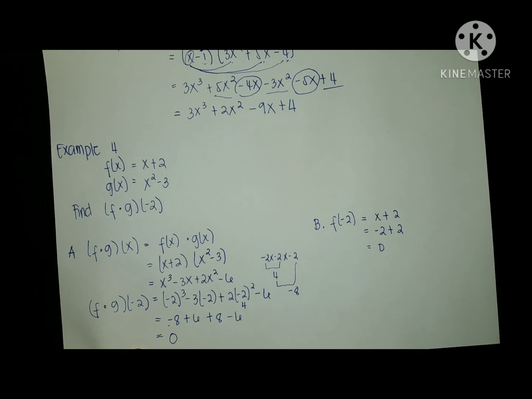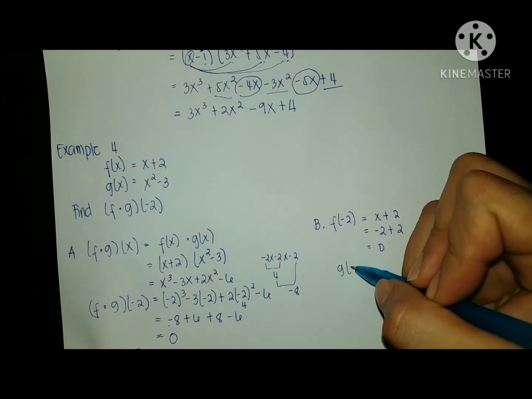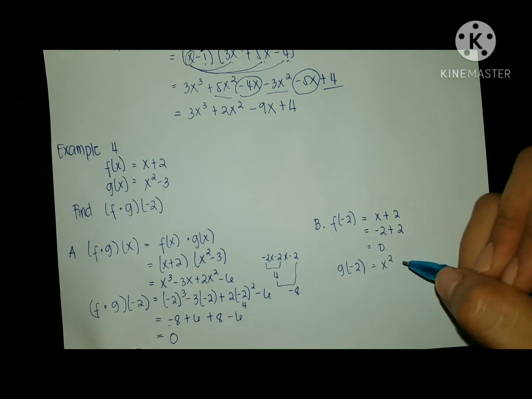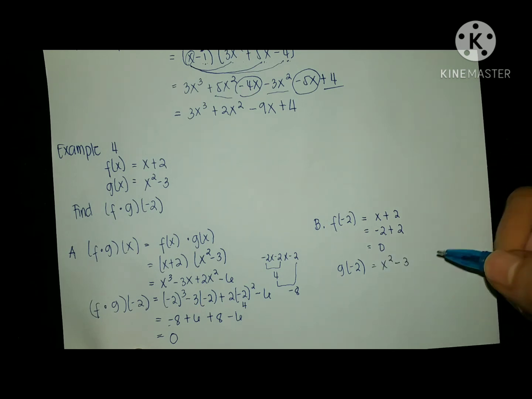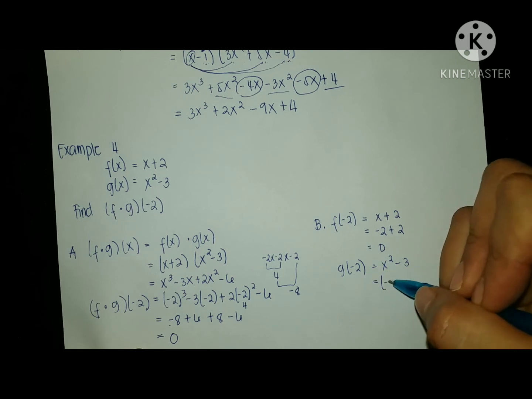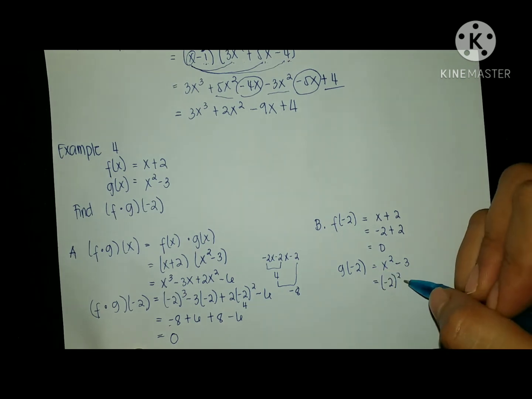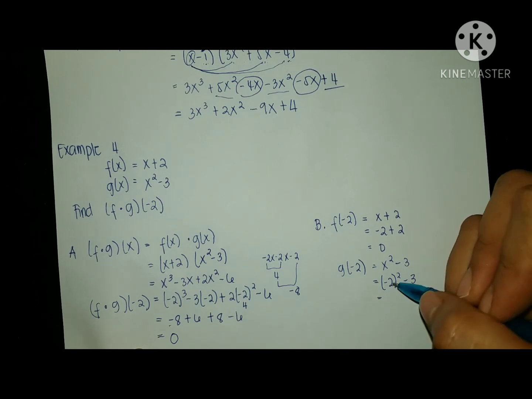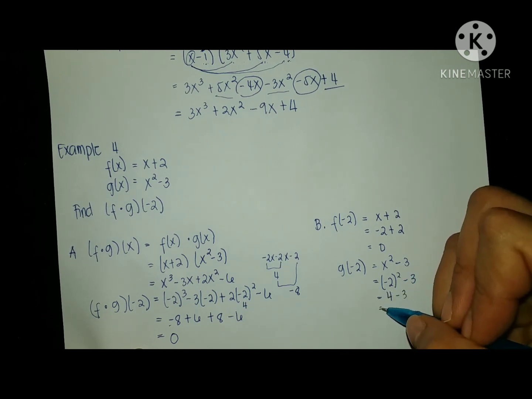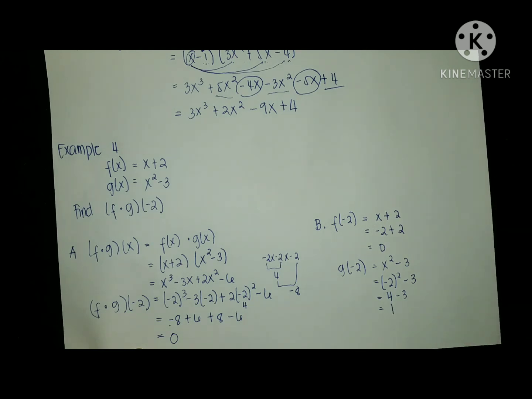Then find for g of negative 2. So that is x squared minus 3. Then replace x with negative 2. That will now be negative 2 squared minus 3. So negative 2 squared is 4, then minus 3, that is equal to 1.